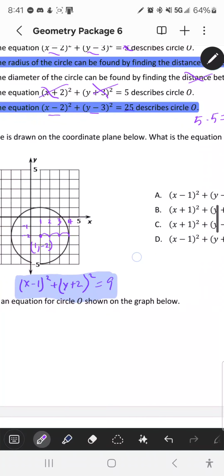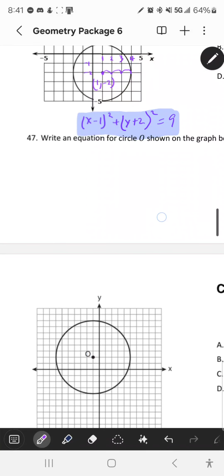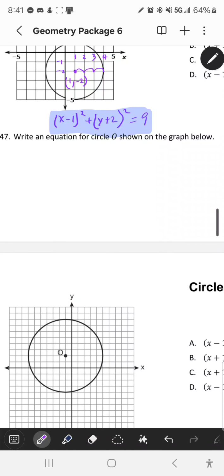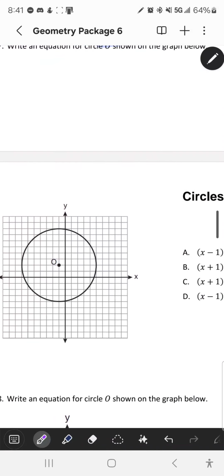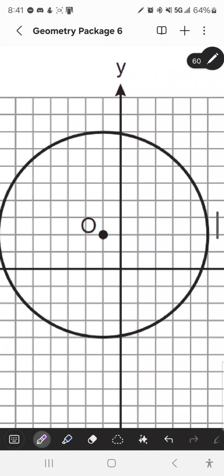Alright. Write an equation for circle O shown in the graph below. Alright. So first, it should be the scale. So this is negative 1.